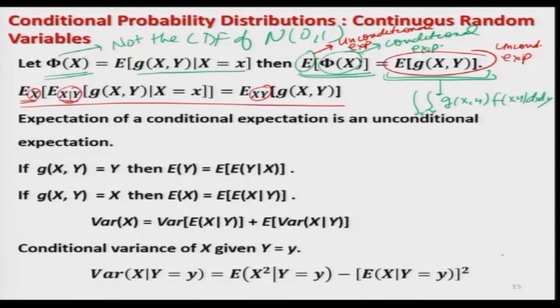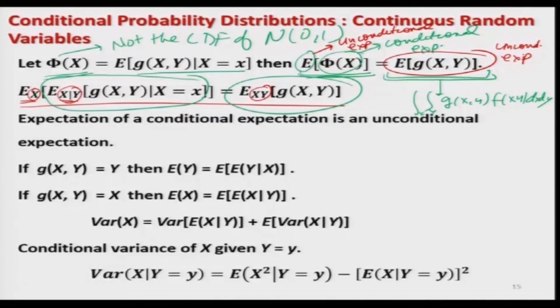So, first you take the conditional expectation, and then if you take once again the unconditional expectation of the conditional expectation, this is going to be the same as the unconditional expectation of g(X,Y). This is what I want to say here.